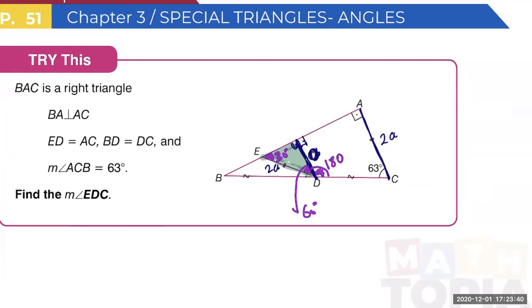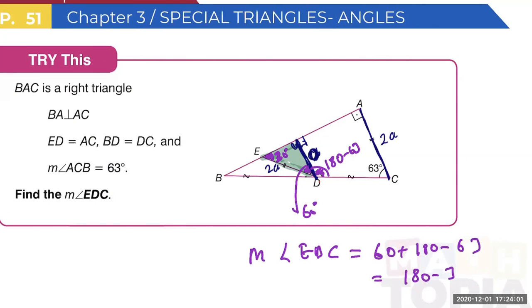This one is 180 minus 63, right? Yes, because they are supplementary. Then the actual angle MEDC becomes 60 plus 180 minus 63, which is 180 minus 3, 177.